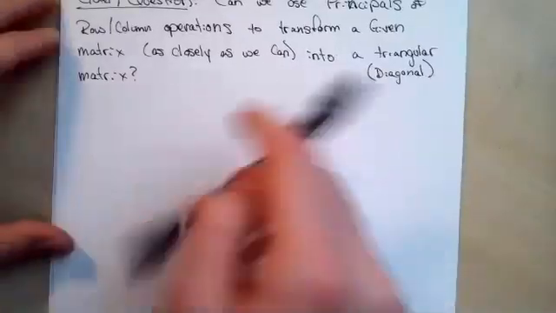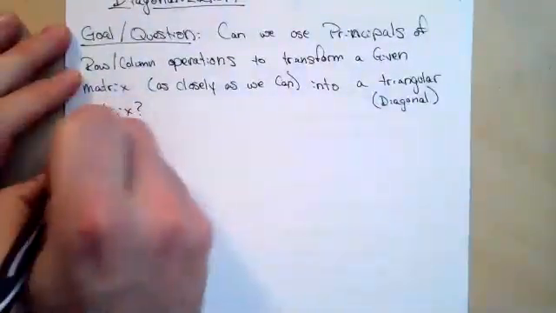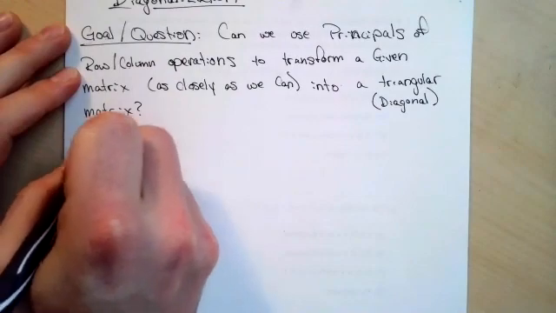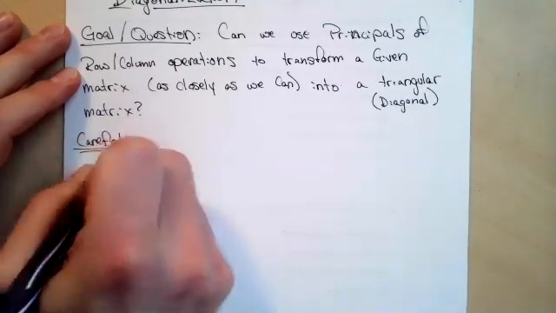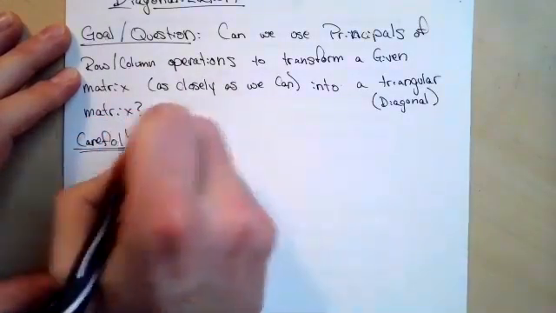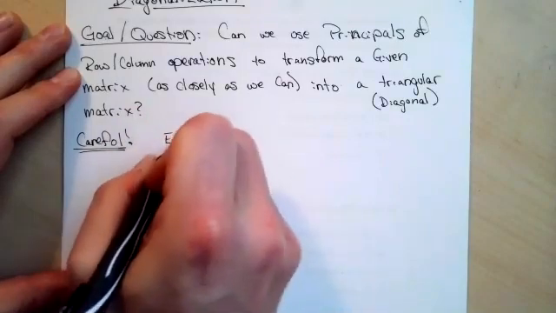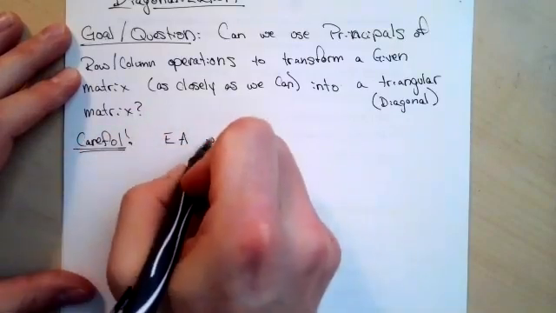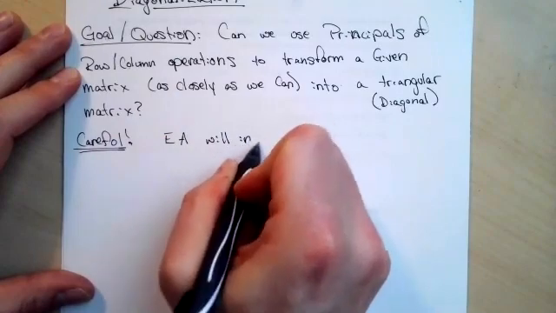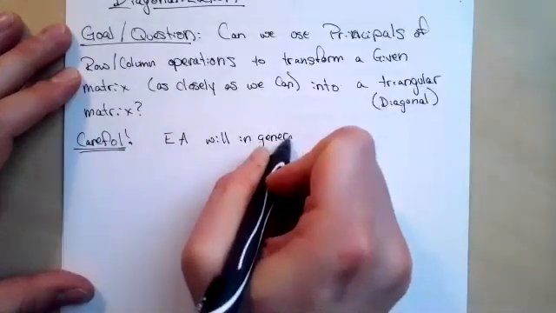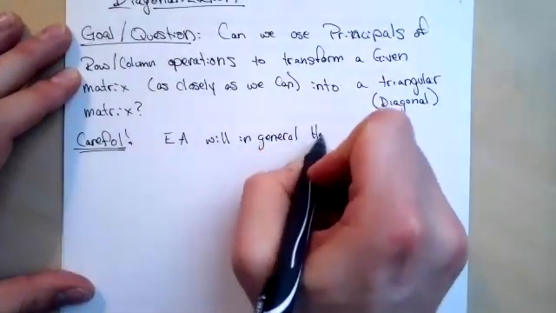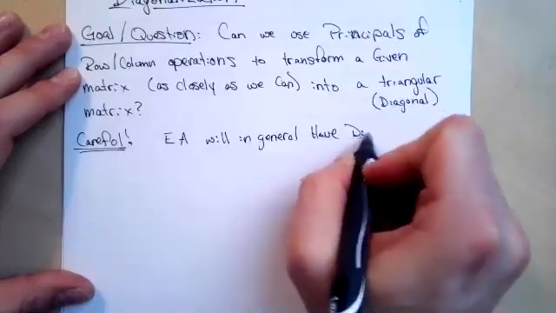And what we've realized is we have to be careful that an elementary matrix times A will, in general, have different eigenvalues.